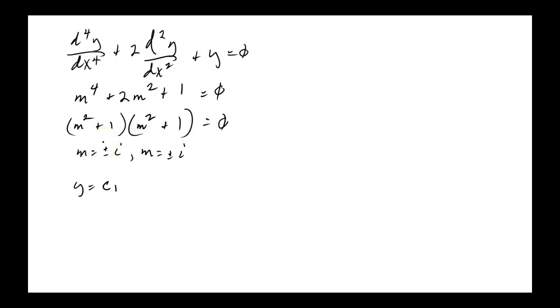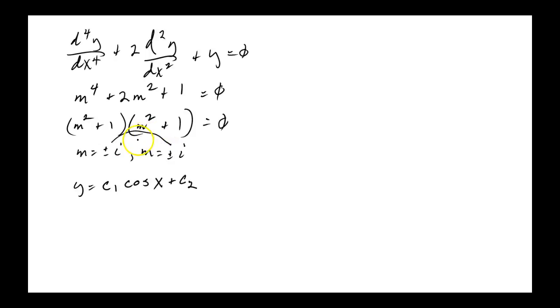But what did that come down to? That's your cosine. Cosine of x, your beta is 1. Plus cosine, well, let's not go too far. C2, but you see that's a double root there.